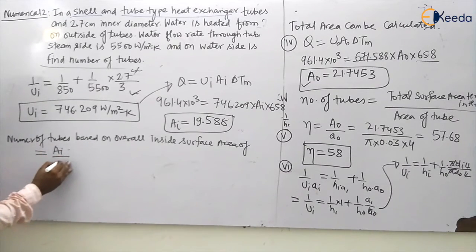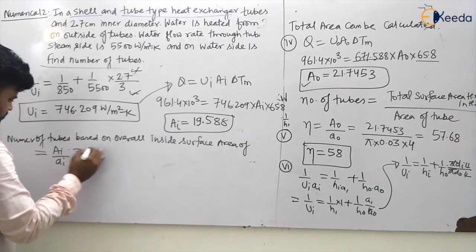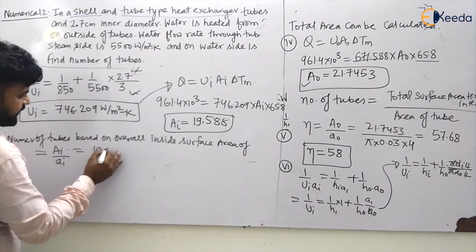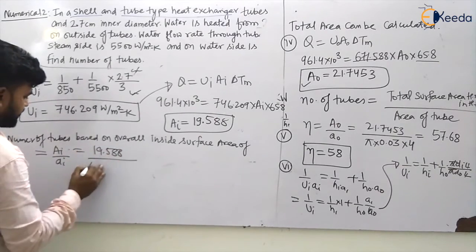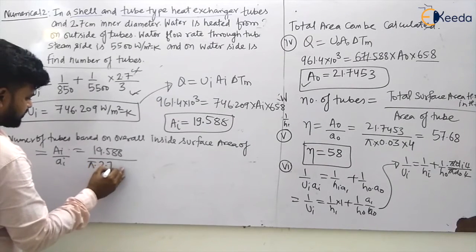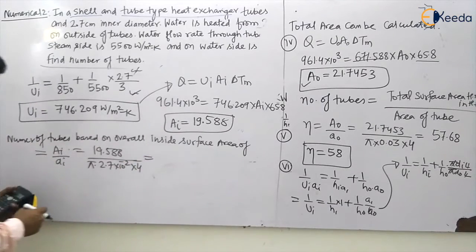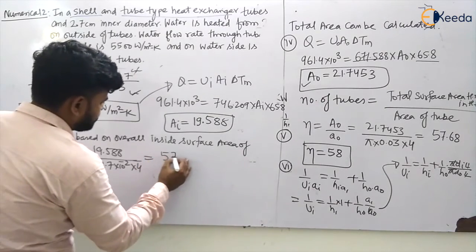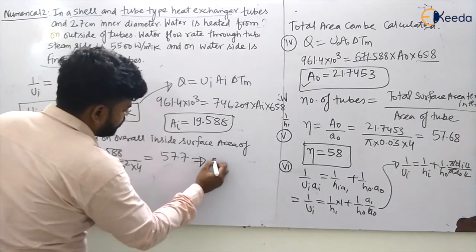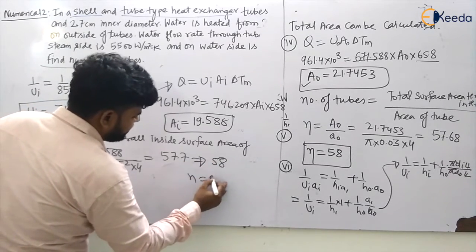Ai divided by small ai. So Ai we know 19.588, my dear students. What will be small ai? Pi di, which is 2.7 into 10 to the power minus 2 into L, which is 4. So this will become how much? Let us see. Divided by pi, 2.7 into 10 to the power minus 2 multiplied by 4. So again I am getting 57.7. So this will be equal to 58. So n I will have 58.